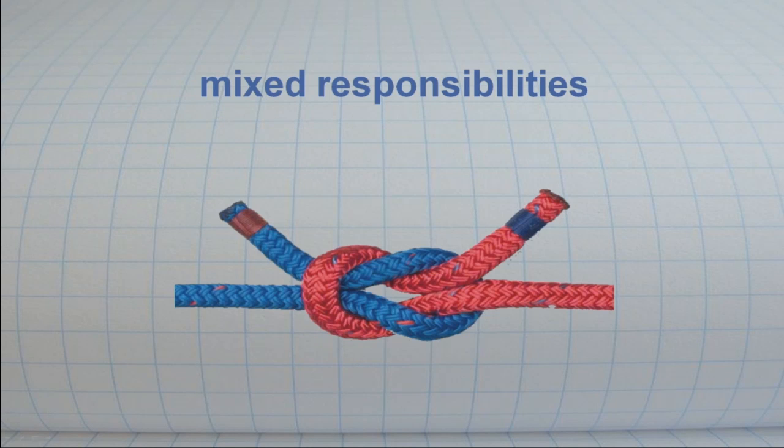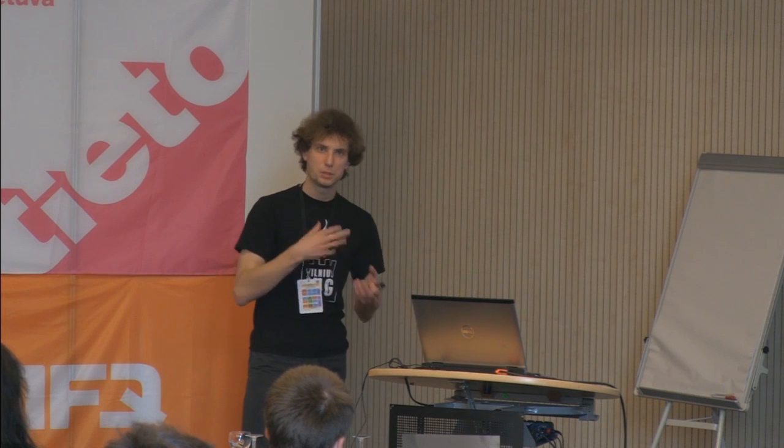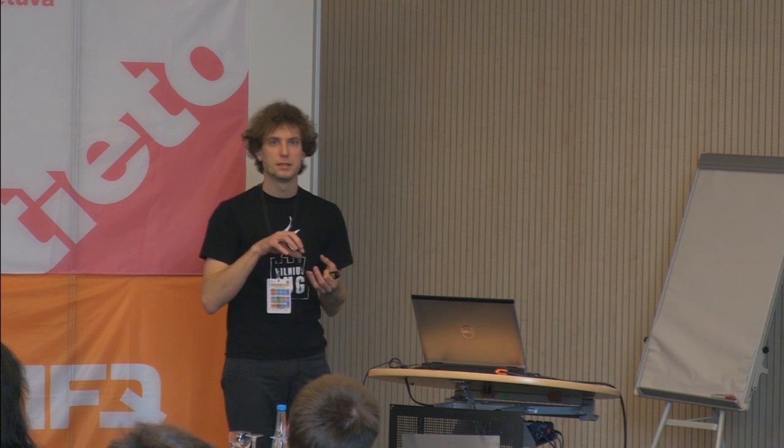There are several artifacts or aspects that yield complexity, and I would like to very quickly mention them. One of them is mixed responsibilities, when you have a component, an artifact, a class, something like that, and you put more than one responsibility into it in such a way that they cannot be reasoned about separately.